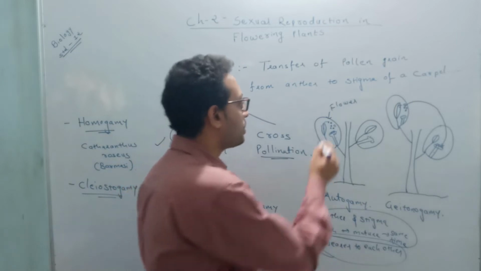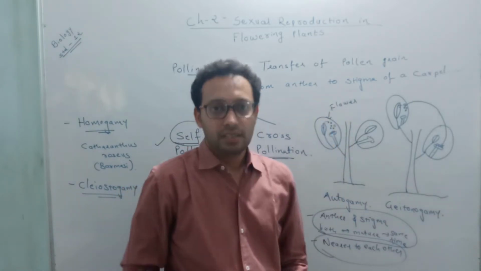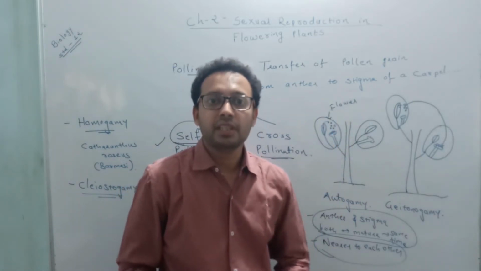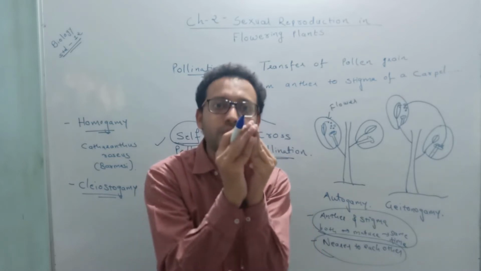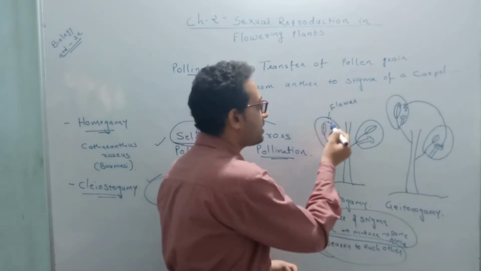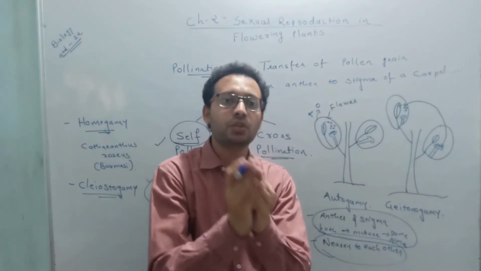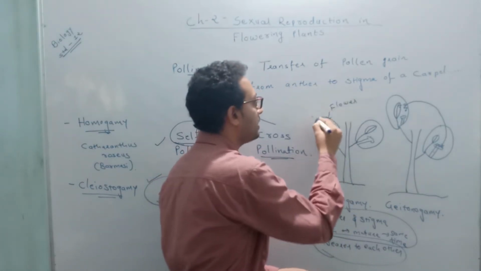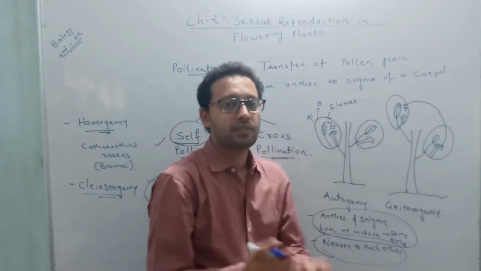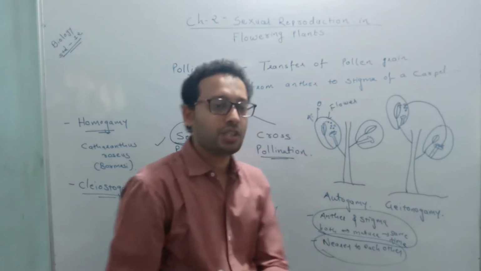When it remains closed, the anther and stigma, or you can say stamen and carpel, remain within the same flower in a closed condition. So there is no chance that the released pollen grain will go outside because the flower is closed. In which condition is the flower closed?